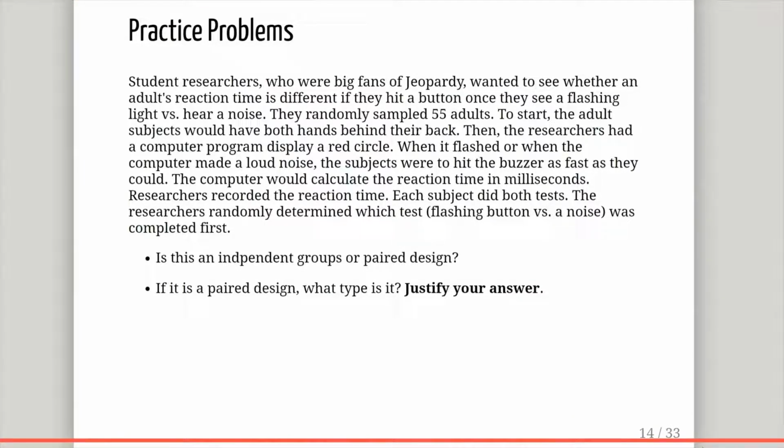Since each subject did both tests, and we randomly determined which test was first, there's going to be pairs here. So these two phrases are clues that we're going to work with a paired design.